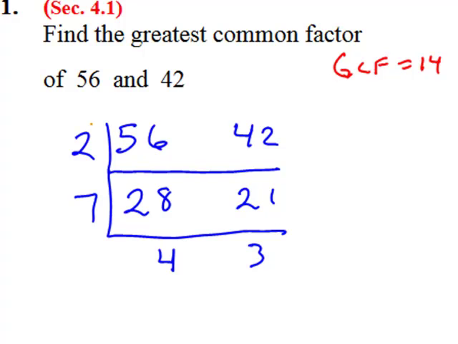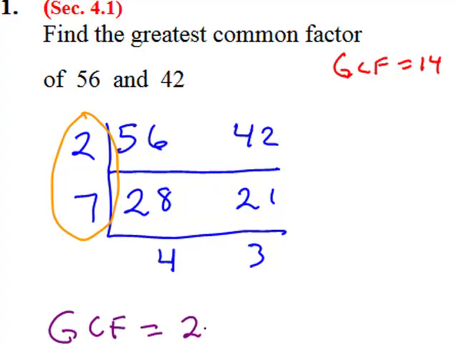What we have found along the side here, though, are the prime factors. So we can write that as GCF equals 2 times 7 equals 14. The same answer we got using the other method.